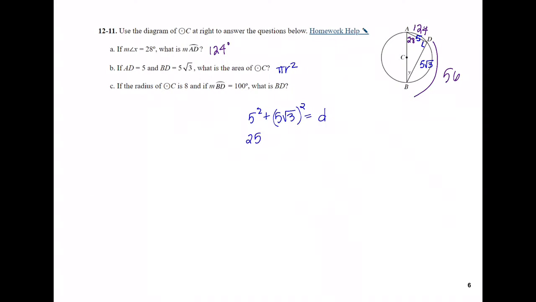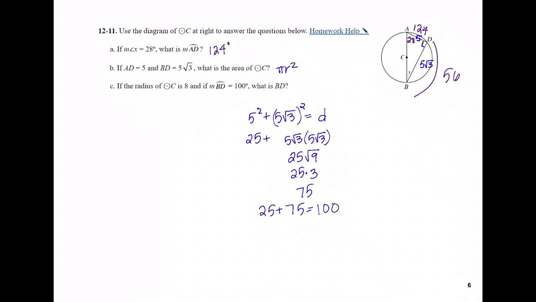So 25 plus, when you do 5 root 3 times 5 root 3, write it out twice. 5 times 5 is 25. Root 3 times root 3 is square root of 9, which is 25 times 3, which is 75. So 25 plus 75 gives us 100.